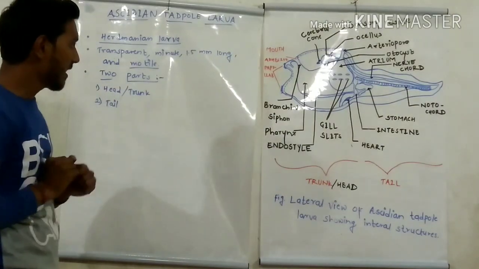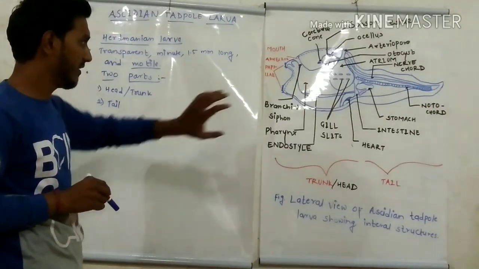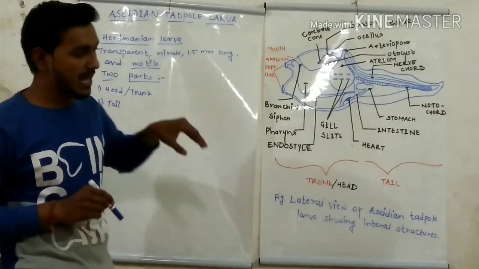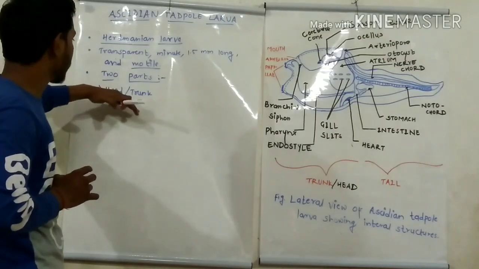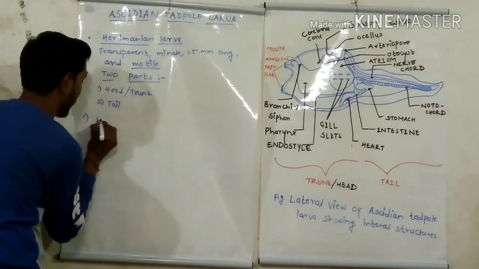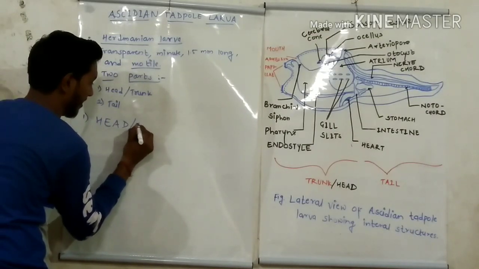This head or trunk is cylindrical, elongated and oval, and tail is narrow and elongated. Now we will first study the head part in detail, the first part, head or the trunk.